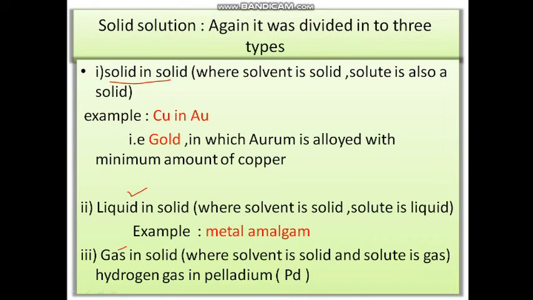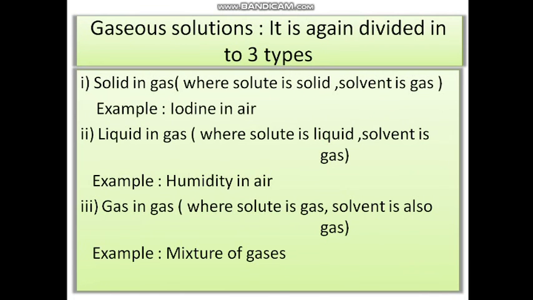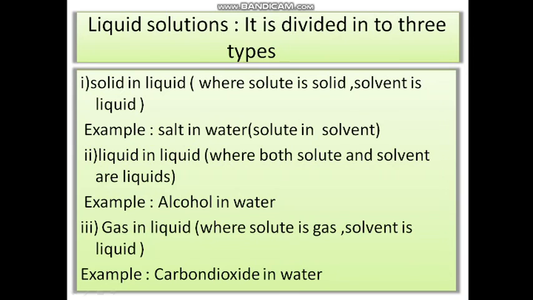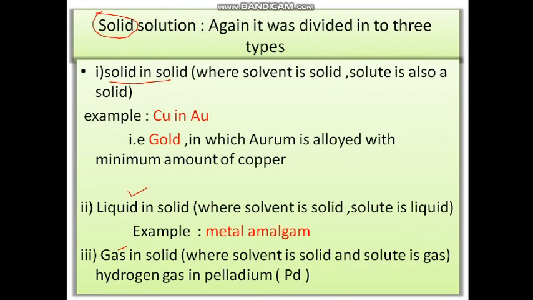And please keep it in mind that solution is a term that is not confined to liquids only. It may be applicable to solid as well as gaseous, not only liquids. If you consider a solid component, that can also be called a solution based on the composition, because it has major as well as minor components like solvent and solute. So both solid and gaseous are also called solutions.